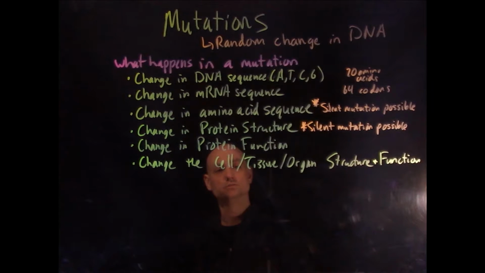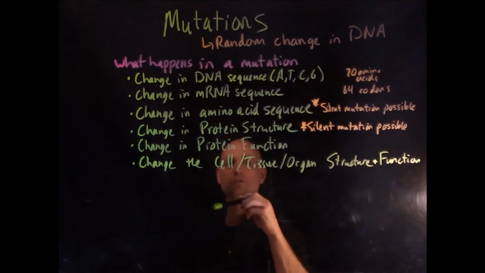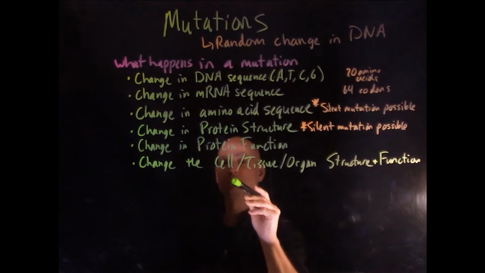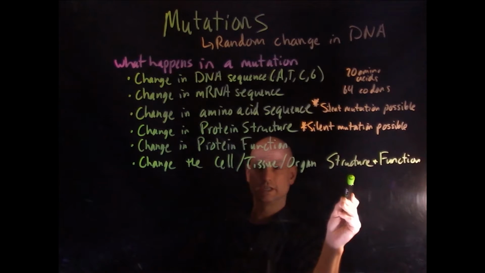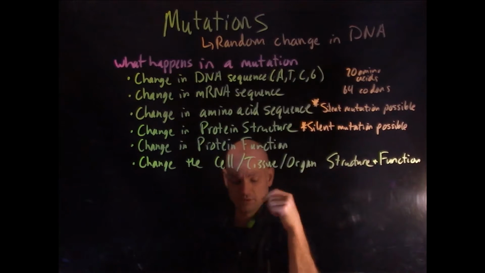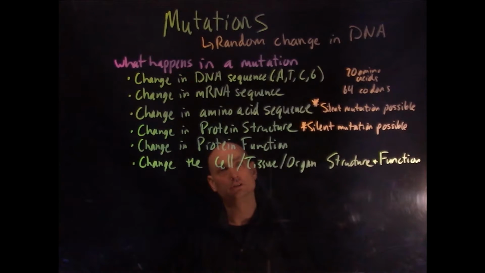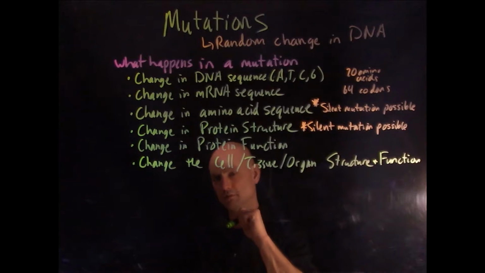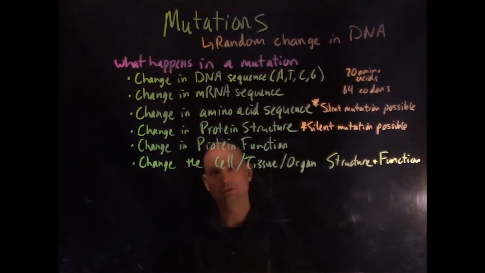Structure determines function. So therefore, if we've changed this protein function, it may change what the cell looks like, its structure, what that cell does. Great examples coming up, and we're going to talk about sickle cell anemia. So pay attention to that one. It's a real good example of all of this stuff.